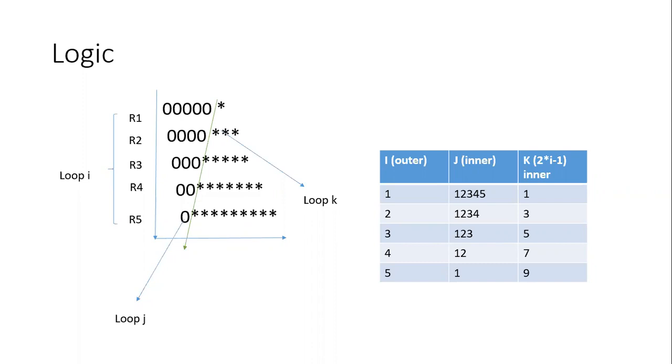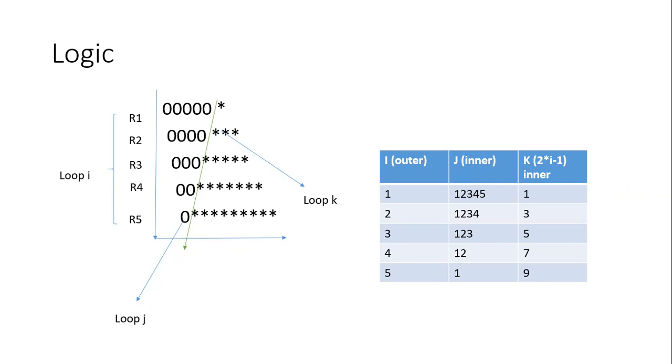So in order to print the pyramid, and to print the statics, basically we have applied this formula 2 into I minus 1. So what will it do? 2 into I, 2 multiplied by 1, it will result into 2, and 2 minus 1 is equal to 1.